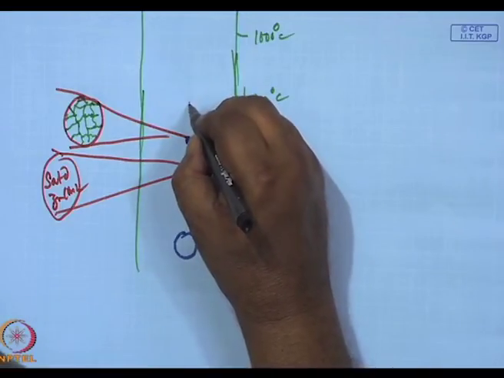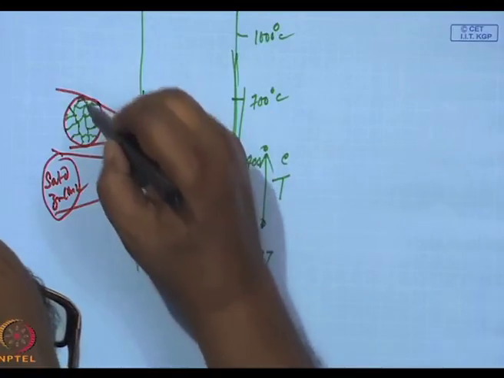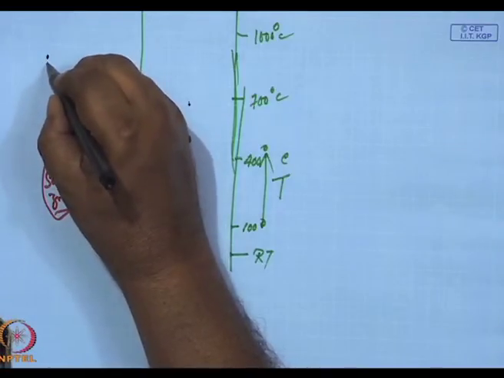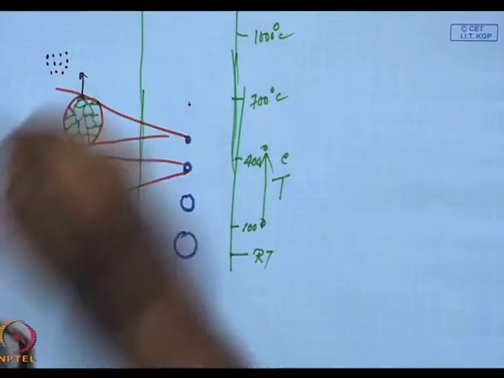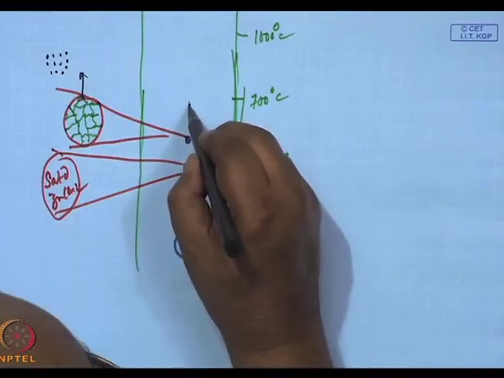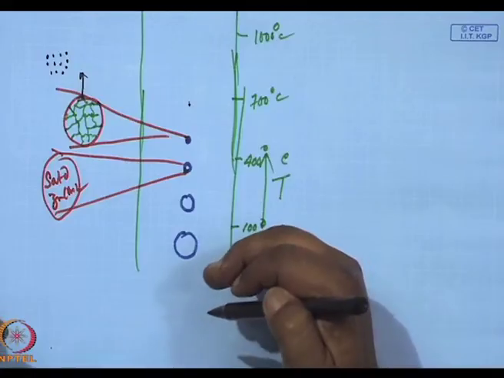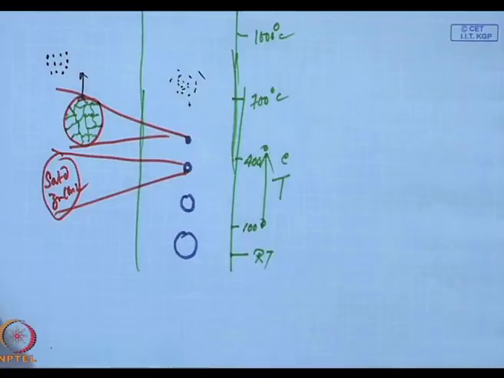Zinc acetate will, let's say, decompose entirely over here at 700. What would happen? This would break up to give me ultrafine zinc oxide powders. So this zinc acetate, once it has crossed 700 degrees centigrade, which is its dissociation point, would give me ultrafine zinc oxide powders.